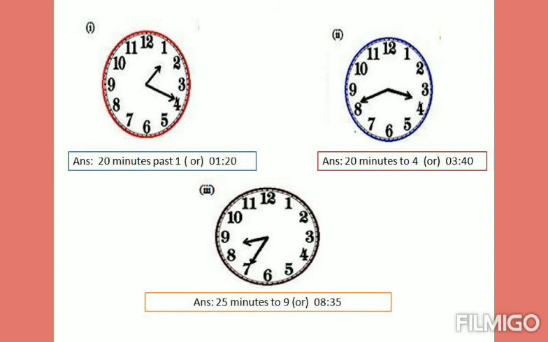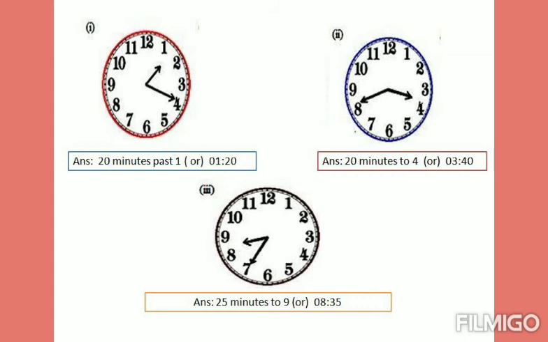And in the second clock you have seen the hour hand at 4, exactly not 4, it is very close to 4, and the minute hand at 8. So we can read the time as, here we have 20 minutes more to 4 o'clock, so we can read the time as 20 minutes to 4, also can be written as 3:40.